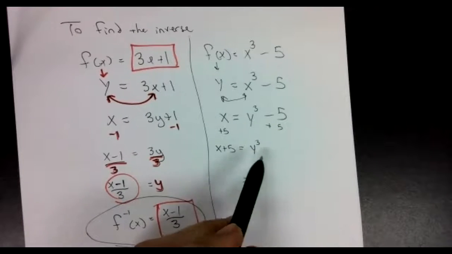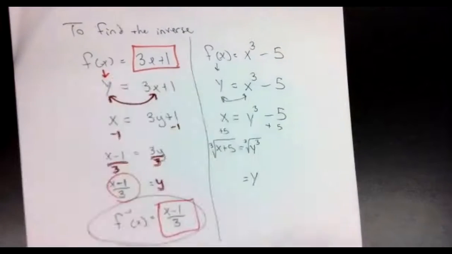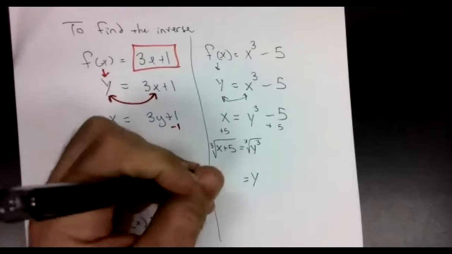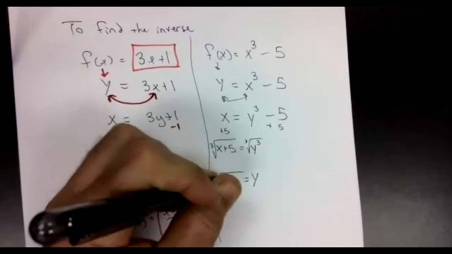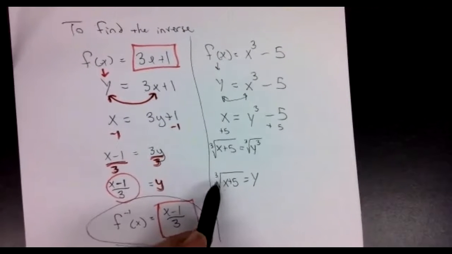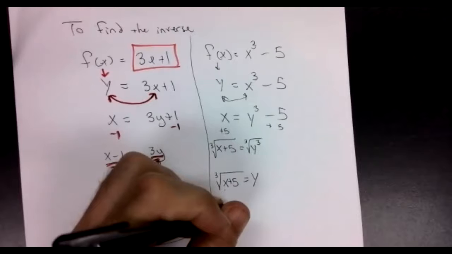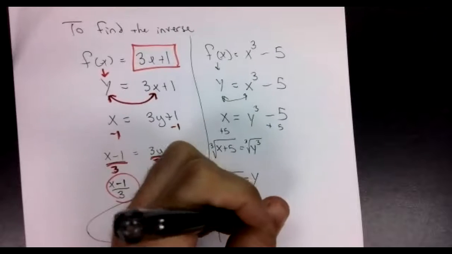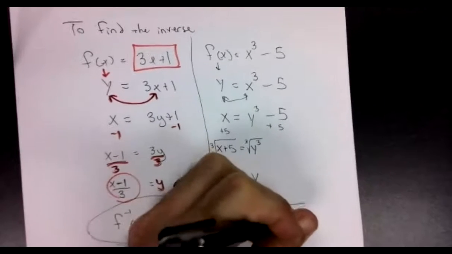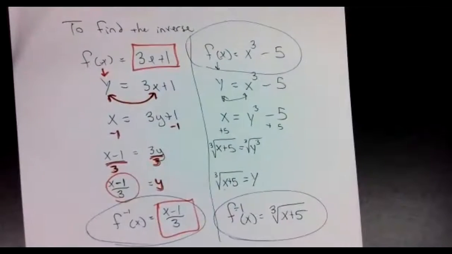To get rid of the third power, remember powers and roots are inverse operations. So to get rid of the third power, we would use the third root. So this is my inverse function, the cube root of x plus 5. So that would be the inverse of my original function.